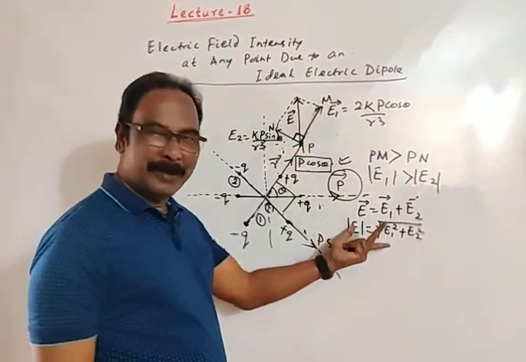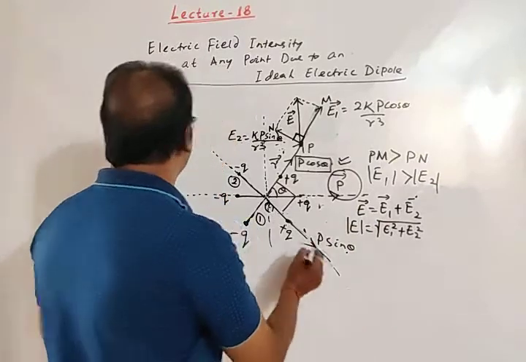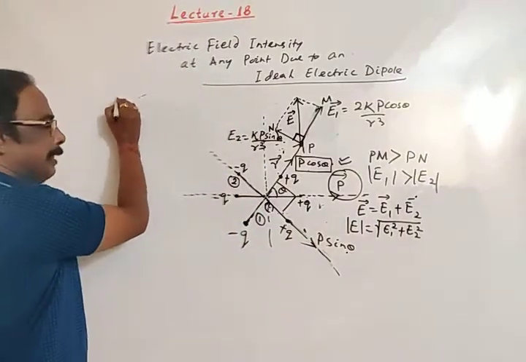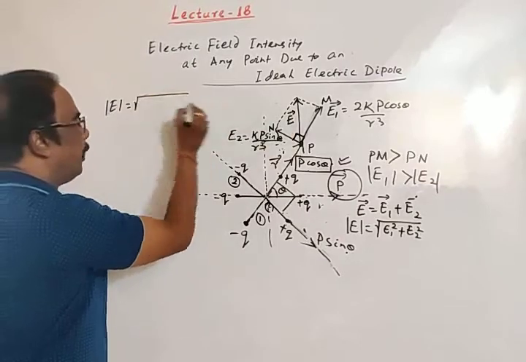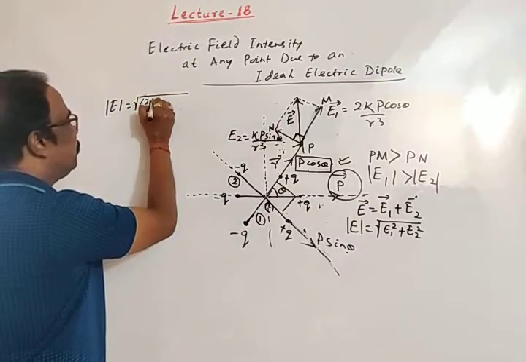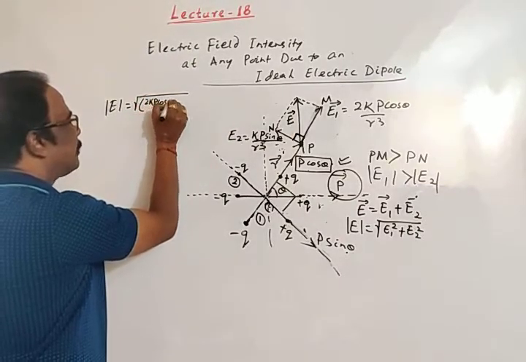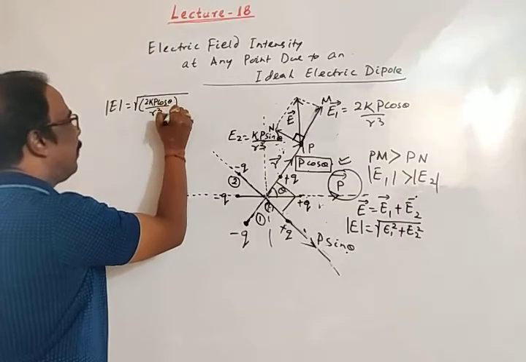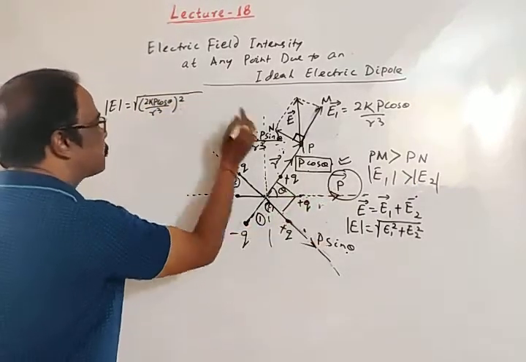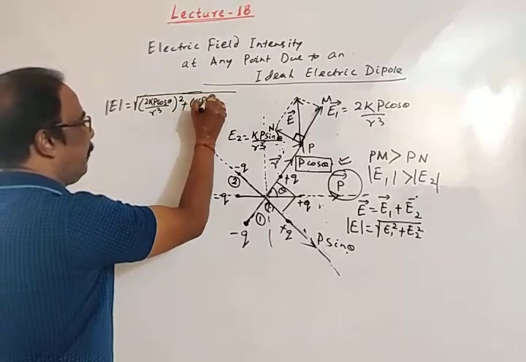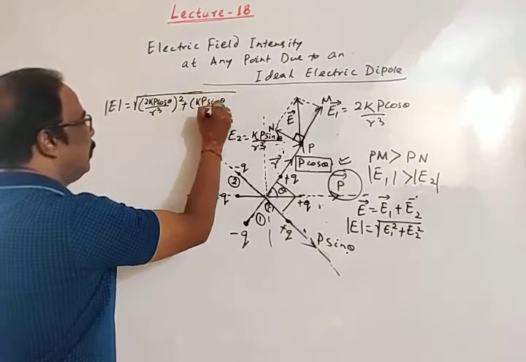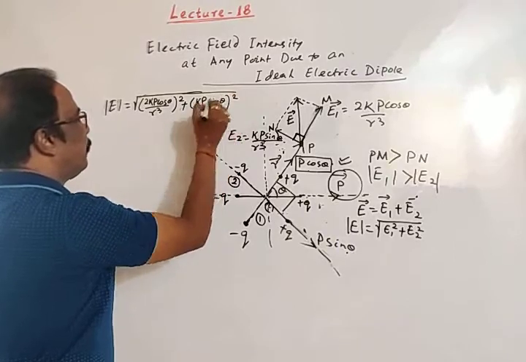Now we just have to solve it. The magnitude of the resultant field intensity is square root of E1 square, which is (2kP cos theta divided by r cube) whole square, plus E2 square, which is (kP sin theta divided by r cube) whole square.